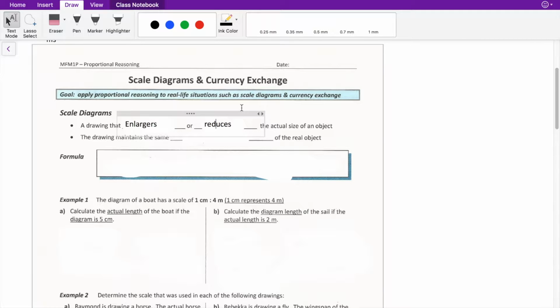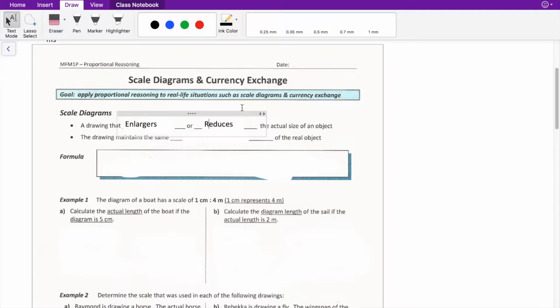A good example of a scale diagram is a map. That would be reducing. Something that would be enlarging would be, I think even instructions of some kind might tell you how to enlarge things.